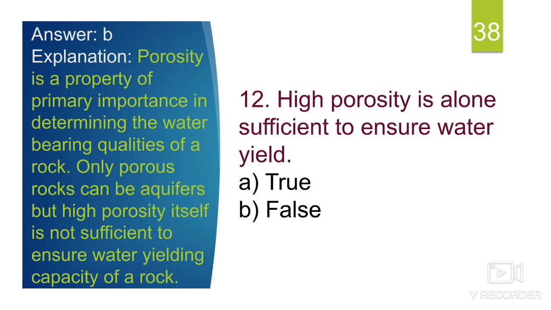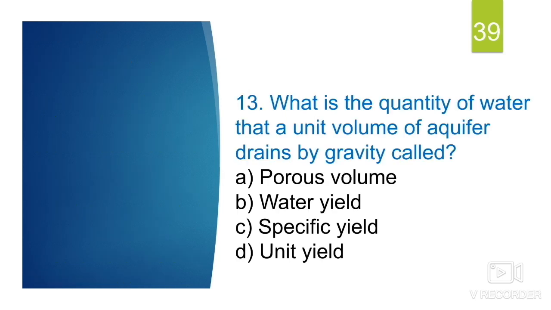So porosity can also be termed as the determining factor of the water bearing qualities of rock. Only porous rocks can be aquifers, but high porosity itself is not sufficient to ensure the water yield capacity of a rock. So the correct option is B, the given statement is false.